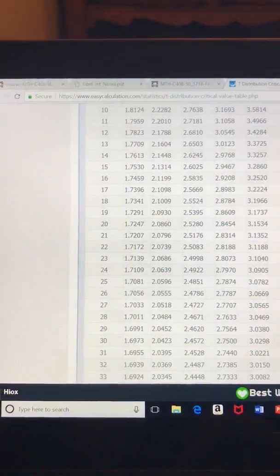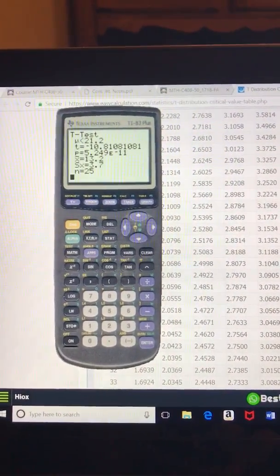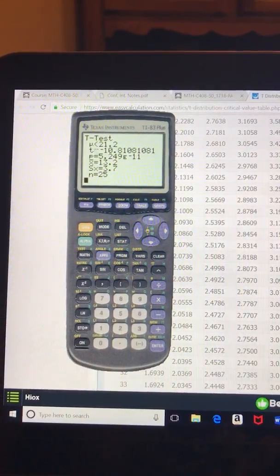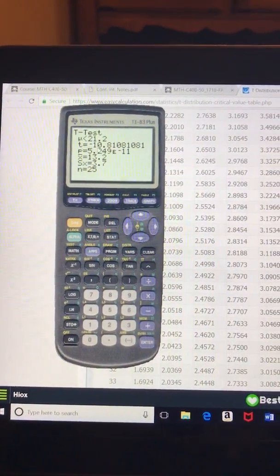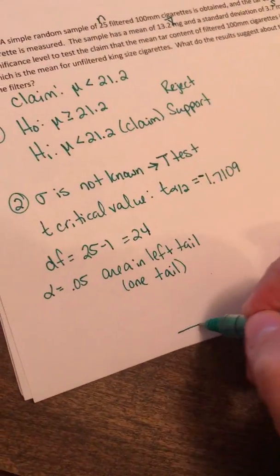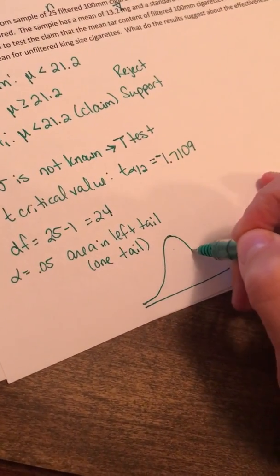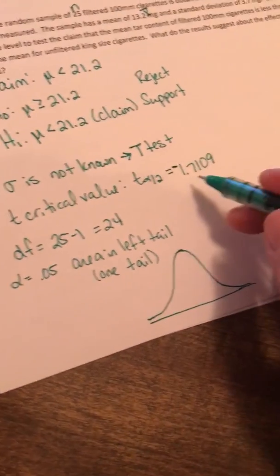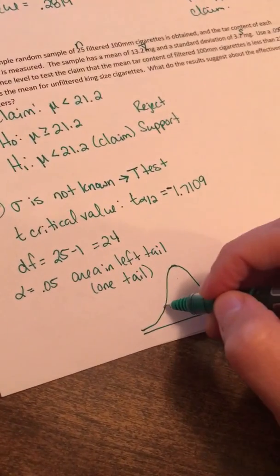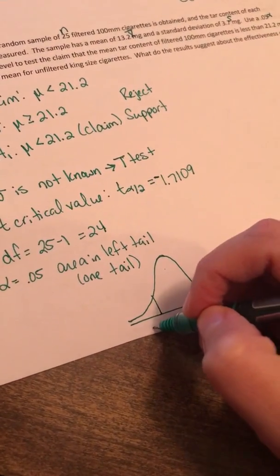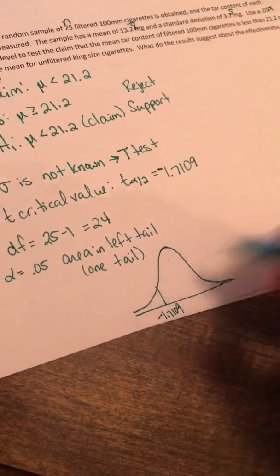So you could complete this problem using that critical value and this T test statistic, because it would look similar to what Z does. Maybe if I can draw it. Our critical value is negative 1.7109.